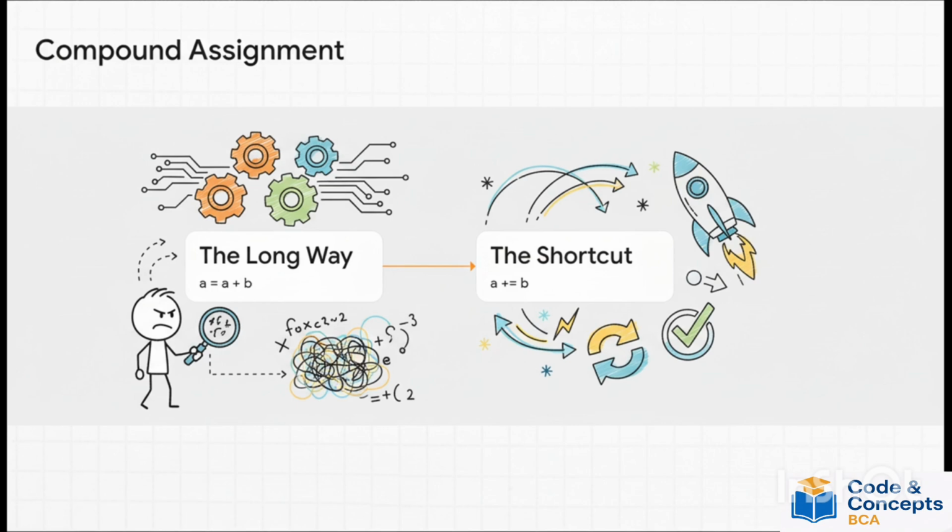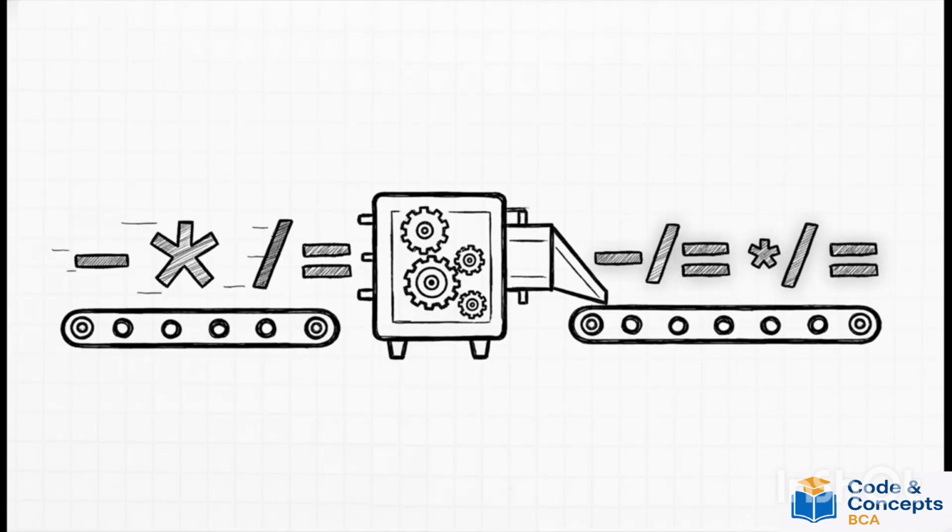It works, sure, but check out the shortcut in step 2. That plus equals operator does the exact same thing, but it's way more compact and elegant. And this isn't some one-trick pony either. This kind of shortcut, called a compound assignment, works for almost all the math operators. You can multiply and assign, subtract and assign, you name it. It's a simple little tool that just makes your code that much easier to read.